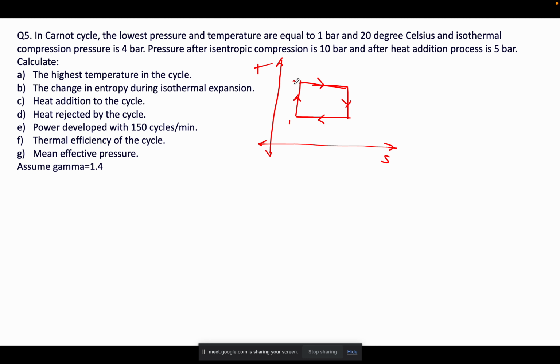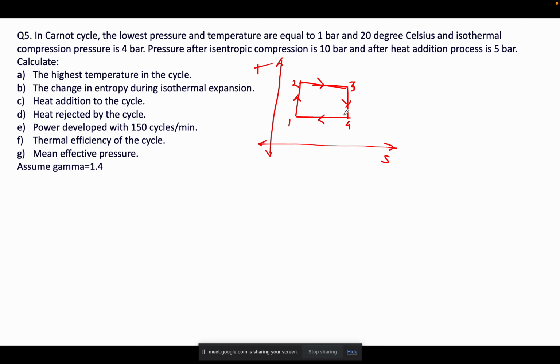There are 4 processes basically, out of which 2 are reversible isentropic processes, compression and expansion, and the other two are isothermal processes. In one case isothermal expansion takes place, in the other case isothermal compression takes place.